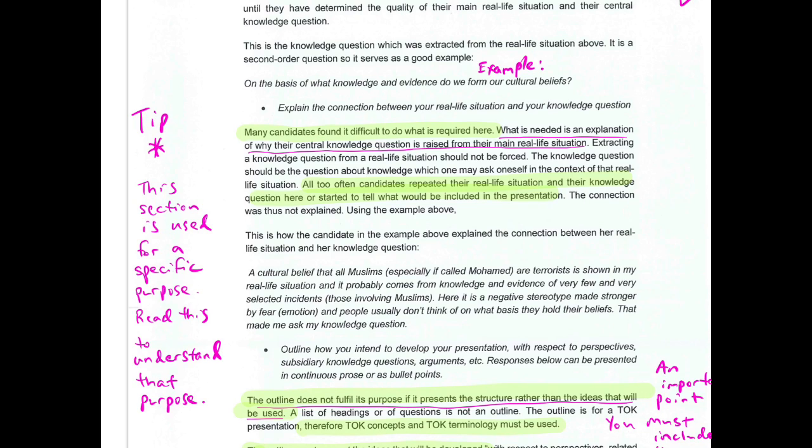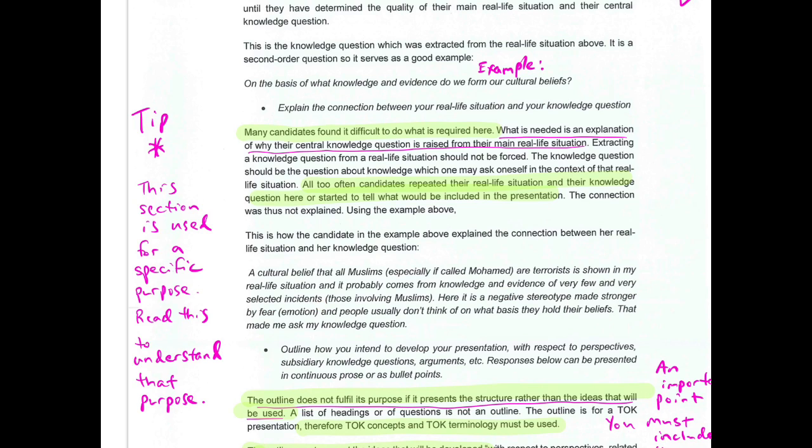What is needed is an explanation of why the knowledge question is raised from their main real-life situation, okay? Do not repeat your real-life situation. Make sure that you're explaining how your knowledge question came out of that. They give you an example down here, and in reading this, you will see things like cultural belief comes from knowledge and evidence of a very few and very selected incidents.